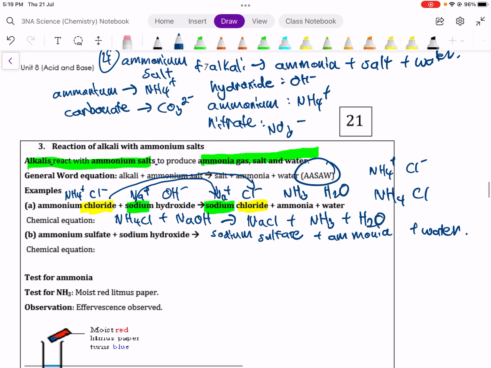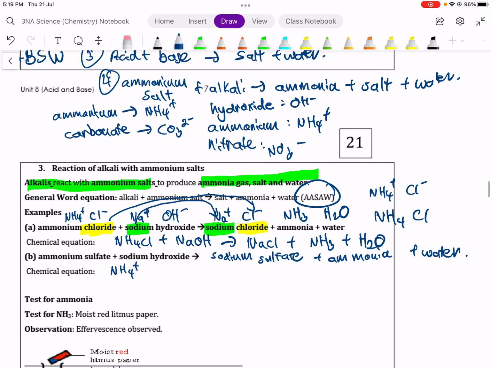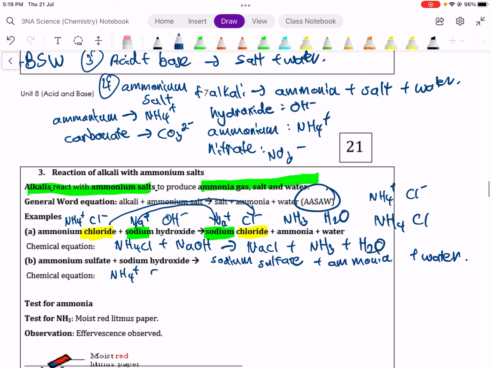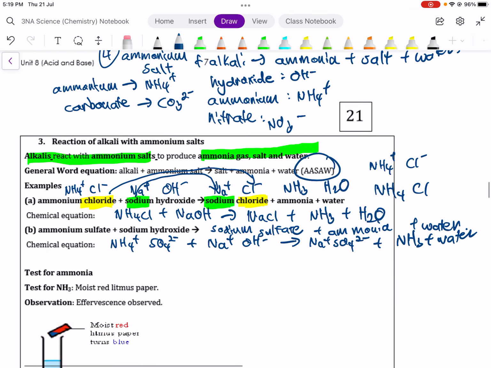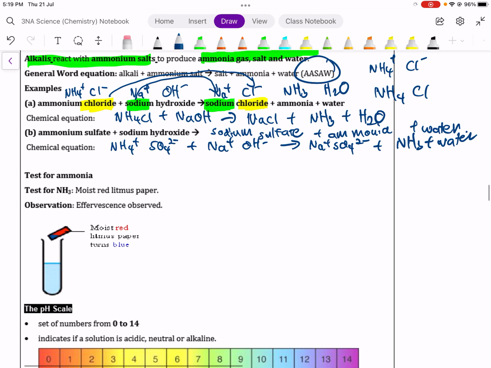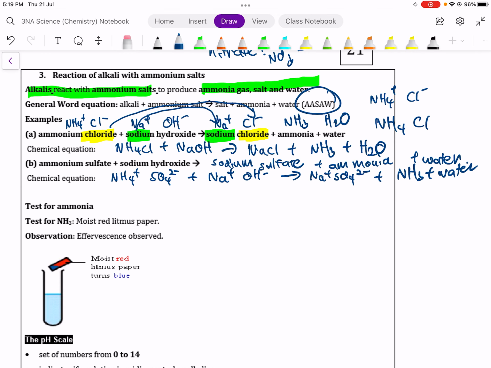Alright, so now let's write the chemical formula. You have NH4+ ammonium, then sulfate, SO4 2-, plus sodium hydroxide, Na+, OH-. Then this will give us sodium sulfate, Na+, SO4 2-, plus ammonia plus water. I haven't completed the equation.